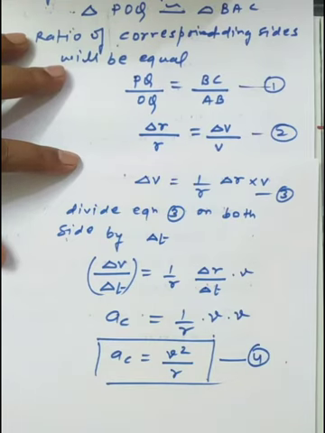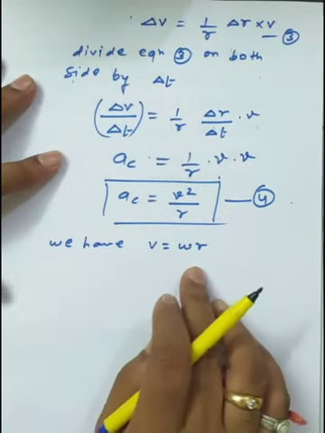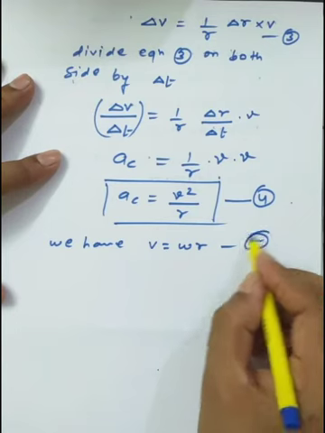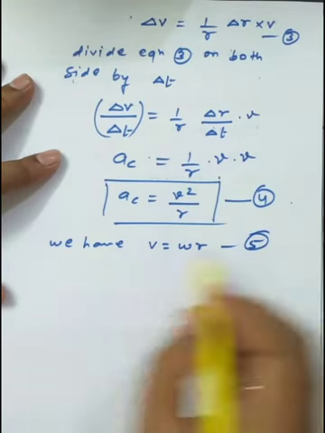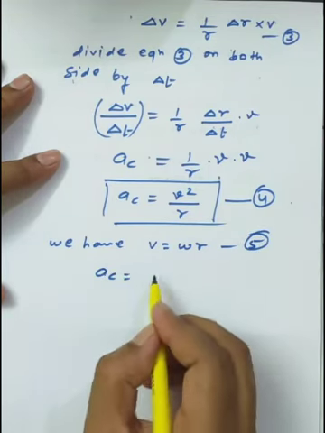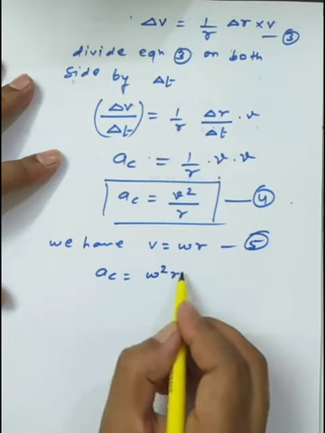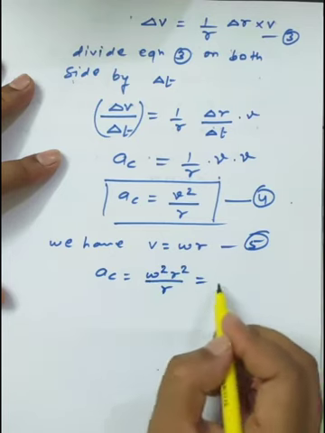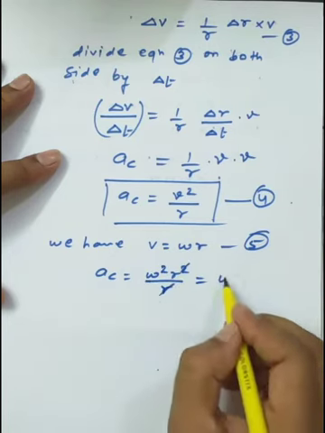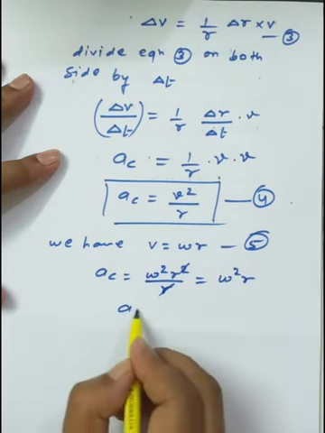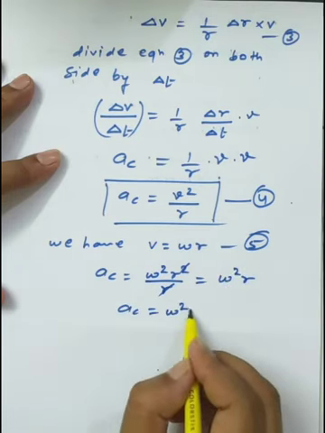Now we have another formula, V is equal to omega R. So we can use equation number 5 in 4. The centripetal acceleration then has another formula, omega square R square upon R. Simplifying it, we get omega square R. So this is another formula of the centripetal acceleration.